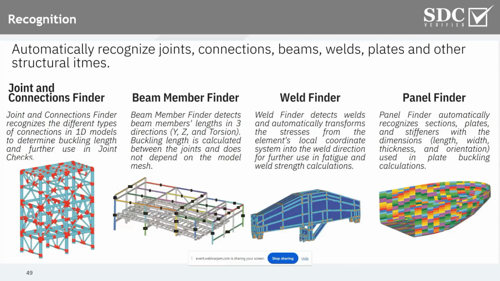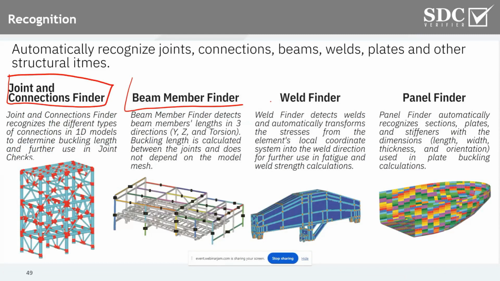Basically, we have separate recognition tools depending on what you need. Starting from the joint and connection finder to conduct connection and joint checks, for example according to the Eurocode standard. Beam member finder to check beam buckling of your structural items according to FEM, EN 13001, Eurocode, these kinds of things.